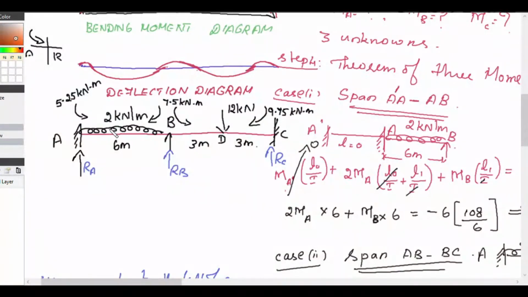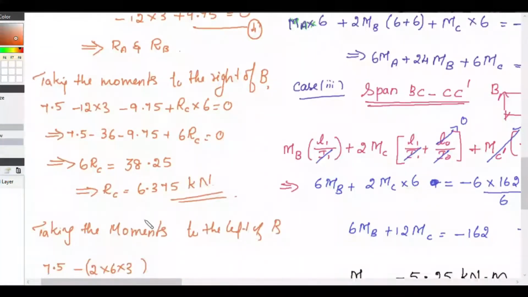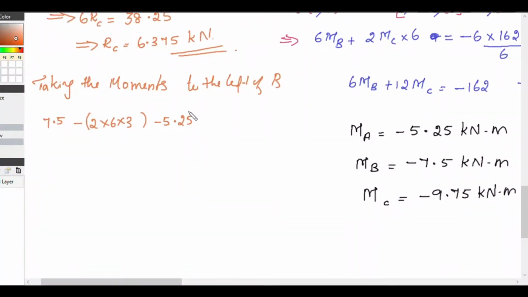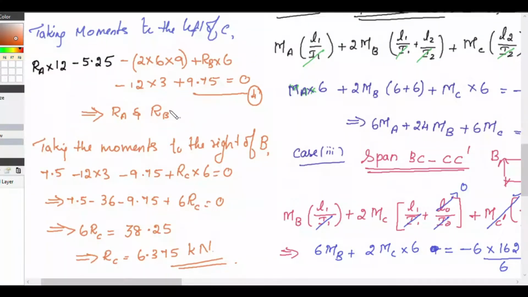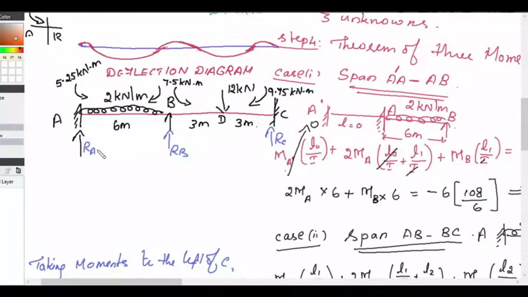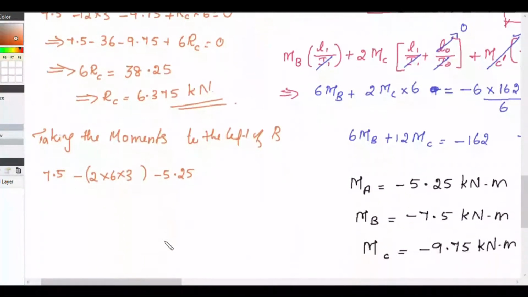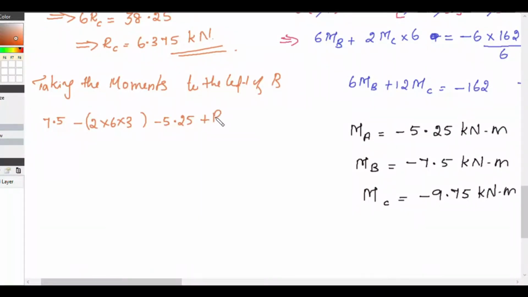Minus 5.25 kilonewton meter. Now we have RA into 6. Left clockwise is positive. So RA into 6.